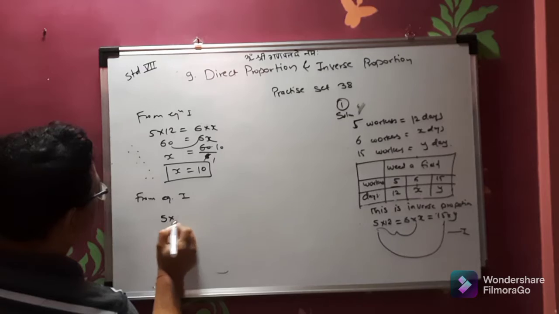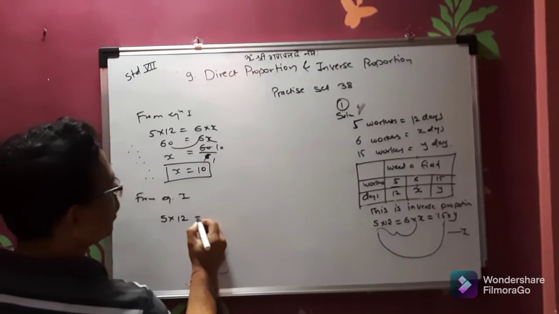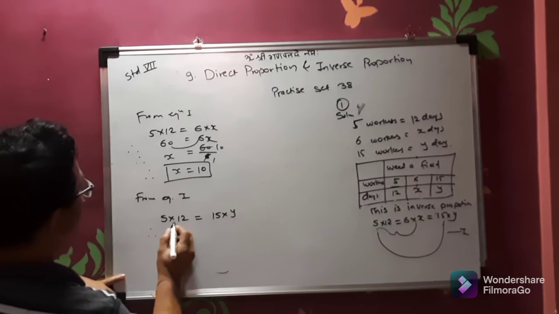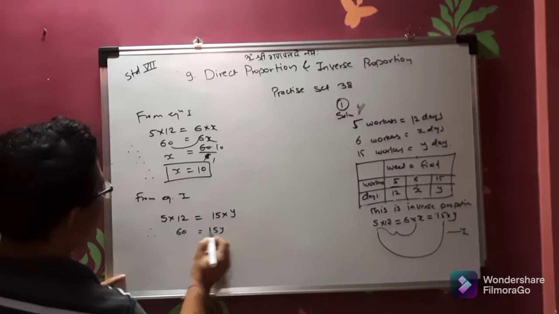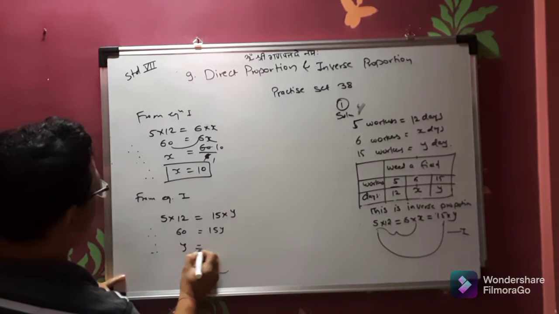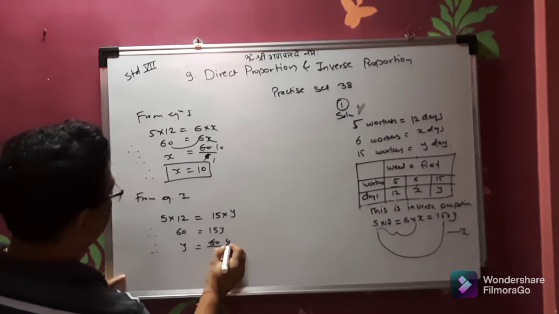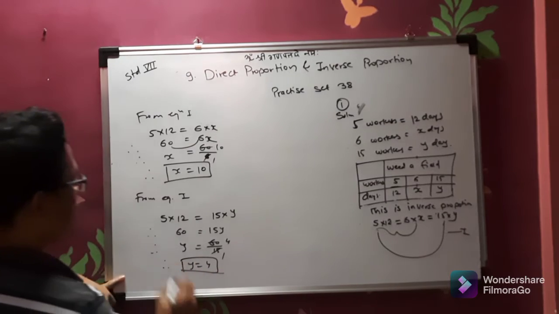We will take the second two equations together. 5 into 12 is equal to 15 into y. So 12 5s are 60 here. This is 15y. So y is equal to 60 upon 15. 15 4s are 60. So y is equal to 4.